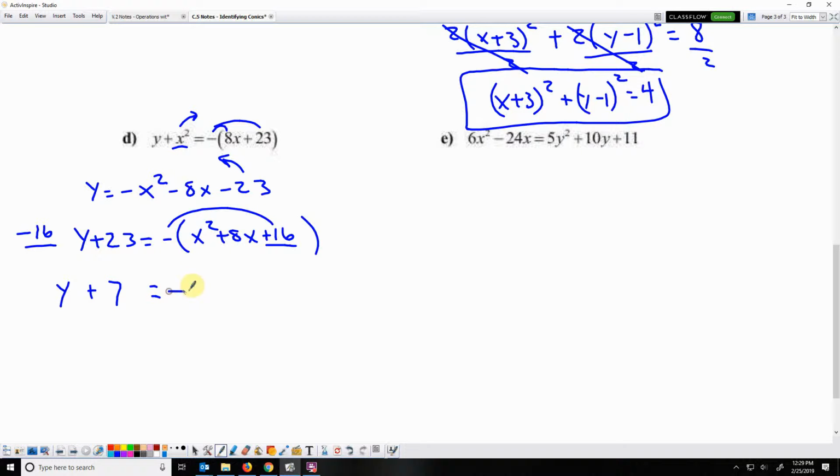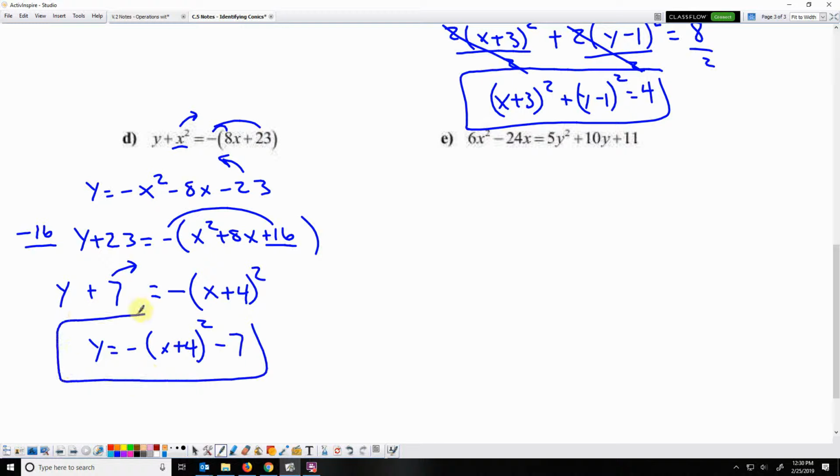Okay, then I'll factor this square trinomial. Half of b is 4, x plus 4 squared. And then I'll move that 7 back to the other side. Y equals the opposite of x plus 4 squared minus 7.